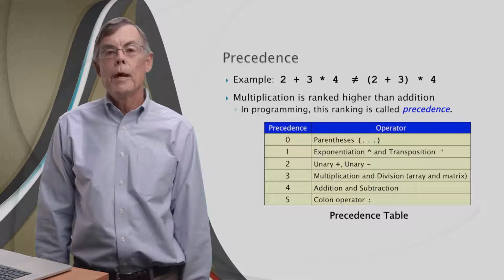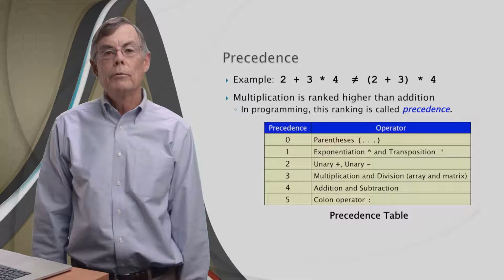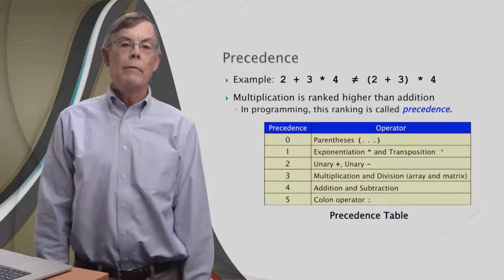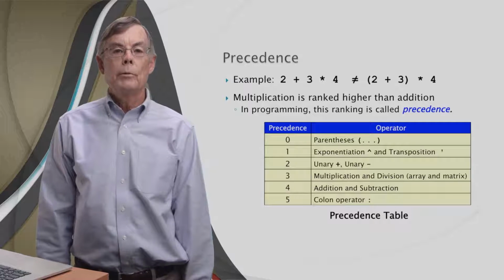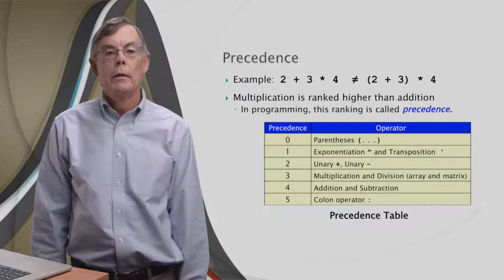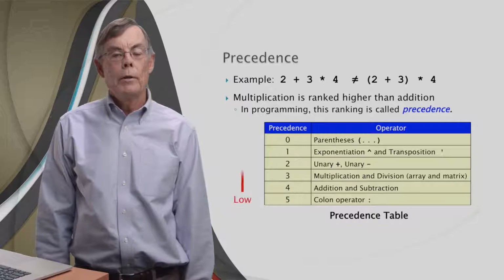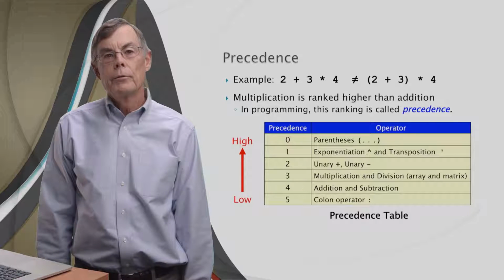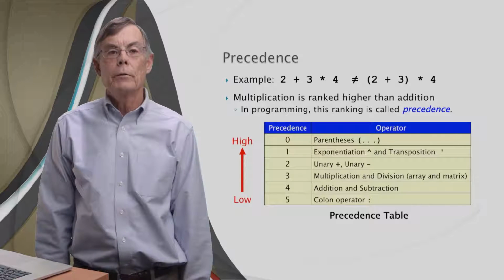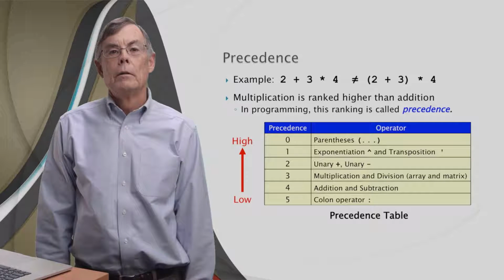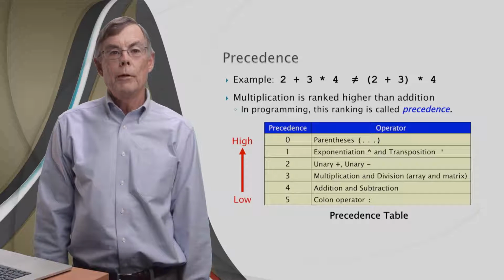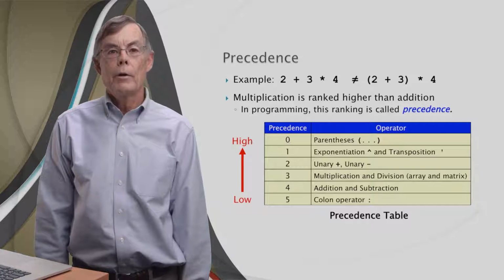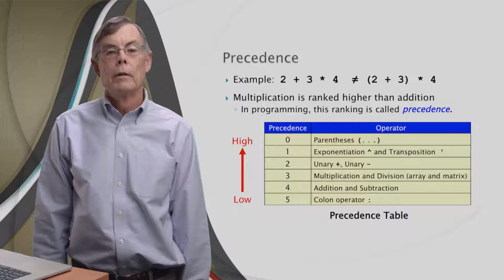Starting at the top, we find the parentheses, which have a precedence of 0. Next, we have exponentiation and transposition, which both have a precedence of 1. Before we look further, it's important to note that lower numbers actually mean higher precedence. So parentheses with their 0 precedence always operate before all the other operators in an expression.